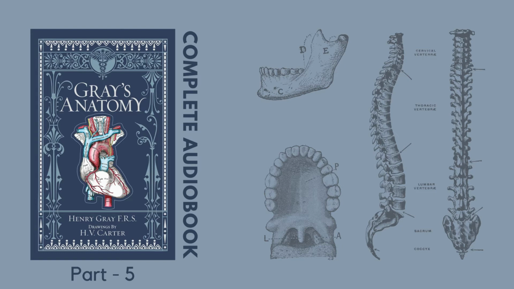3. Classification of joints. The articulations are divided into three classes: synarthroses, or immovable, amphiarthroses, or slightly movable, and diarthroses, or freely movable joints. Synarthroses, immovable articulations.